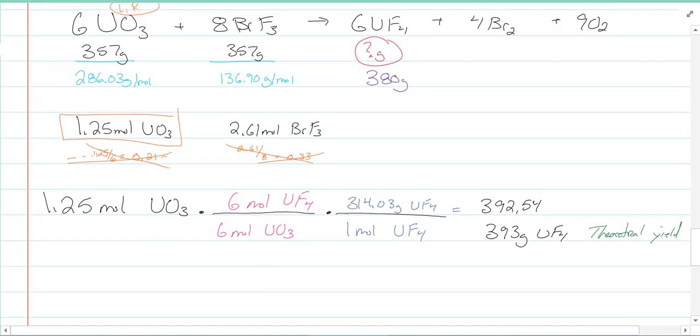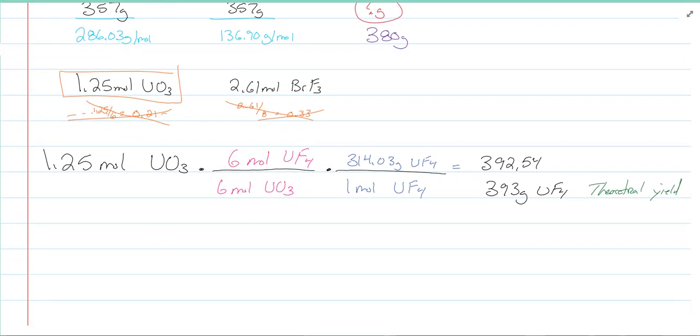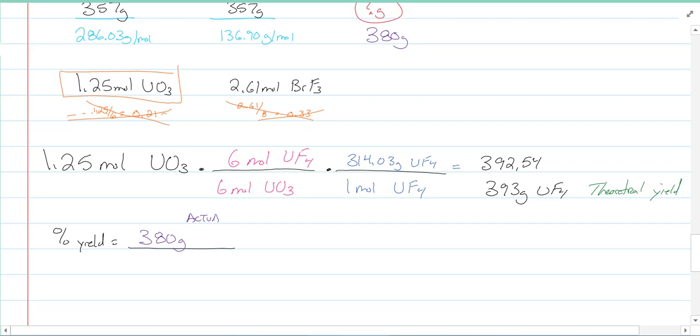Okay. Well, 380 grams, my percent yield. My actual was 380. In this case, it's from the problem. The theoretical is 393.